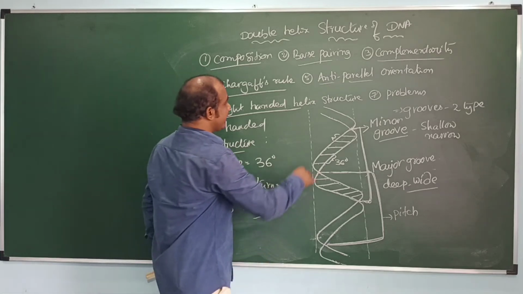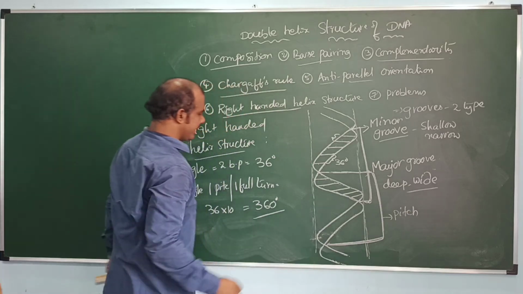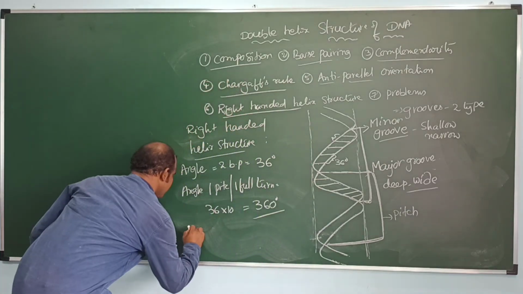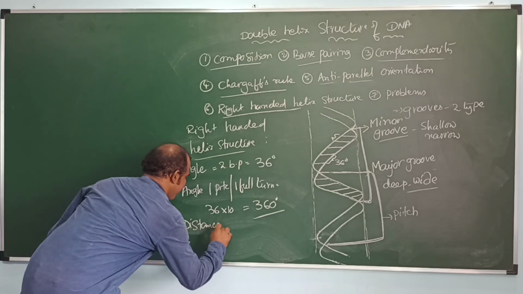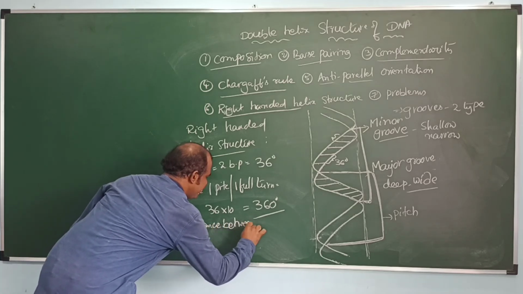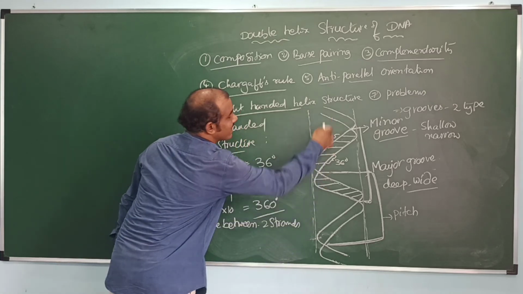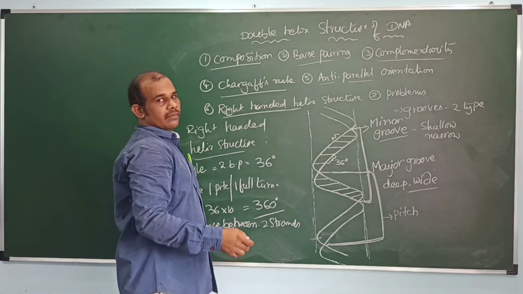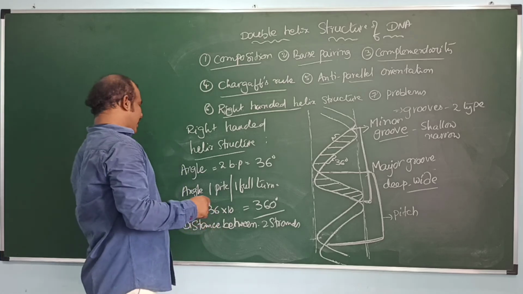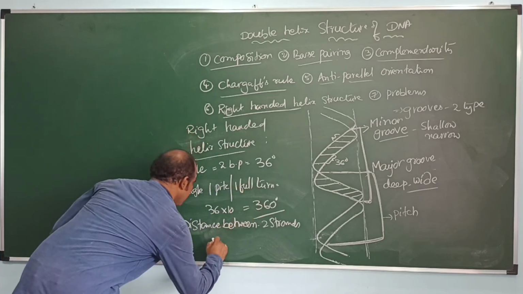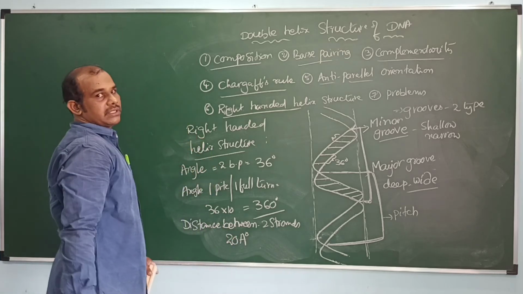And the distance between two polynucleotide chains in a DNA is 20 angstrom units. The distance between two strands at any place from top to bottom is always approximately 20 angstrom units.